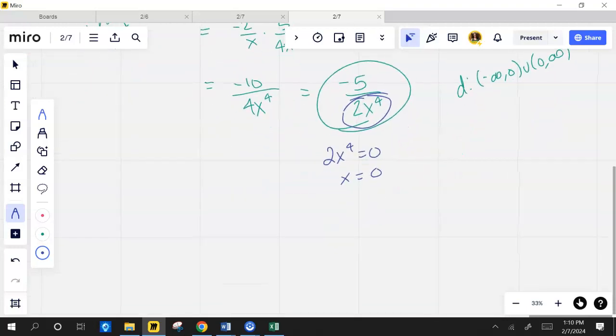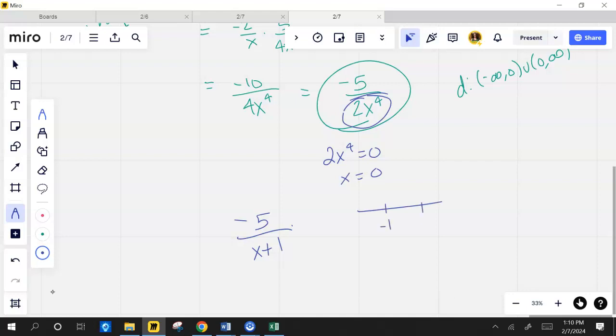So maybe if I combine them and I had gotten negative 5 over, let's just say x plus 1, whenever I did it. Let's just say that's what I got. So for this one, remember I already left out 0, so I still have to leave that out. But now I also have to leave out negative 1. I have to think about this sometimes on a number line.